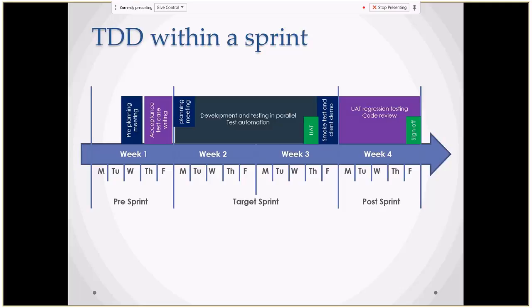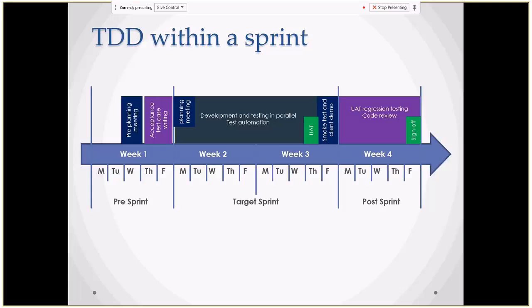So development and test automation will happen across these days, and on Thursday, the development team will be doing a UAT deployment. In the UAT environment, all these user stories that we have taken for the sprint will be implemented.